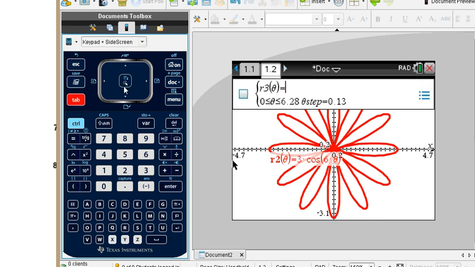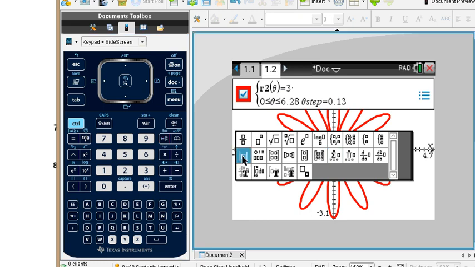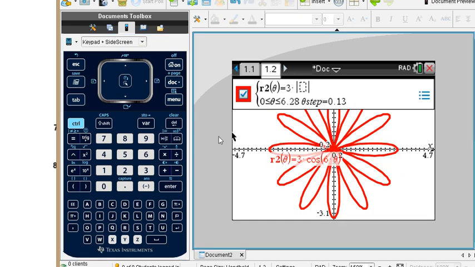I'll go to Tab. I'm going to enter this last function here, 3 times the absolute value. To get my absolute value bracket, I press the key next to the 9. And I go down here. Okay, we have an absolute value bracket in which we are going to place cosine.